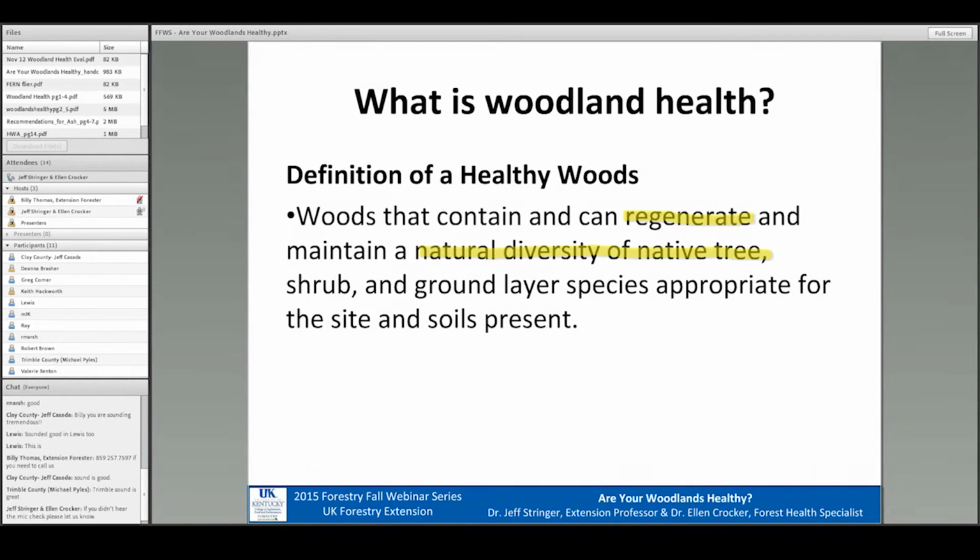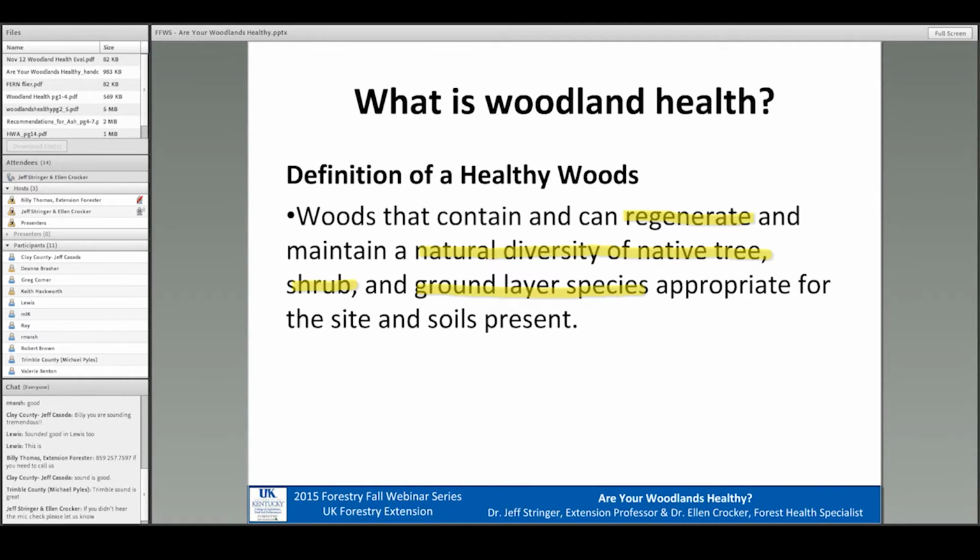So obviously natives are important in this, and so we want a diversity of tree species that are present, and we want them to be able to regenerate. Now, this not only deals with the trees, but also the shrub and the ground layer species. So when we think about woodland health, you don't want to be thinking only about your overstory or your canopy trees.